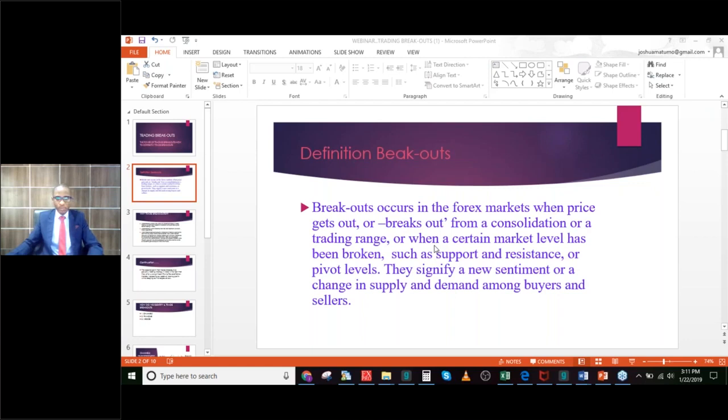So when buyers' demand for a currency pair outweighs the sellers, it leads the market to move upwards or get bullish, and vice versa is true. Therefore, when the forces of supply and demand change after a period of consolidation, that's when we experience breakouts.